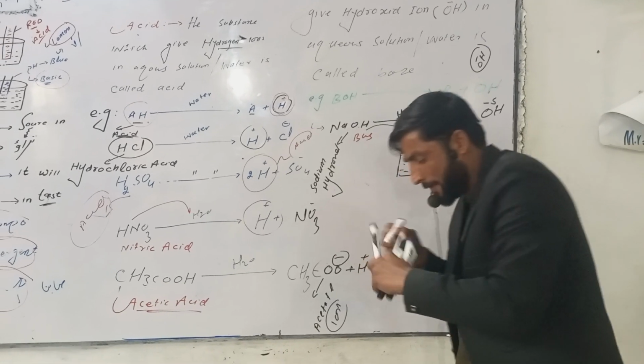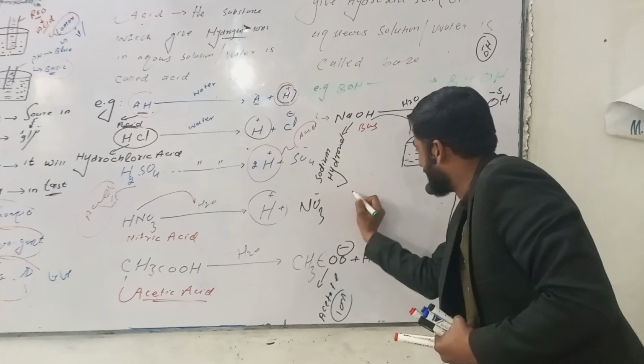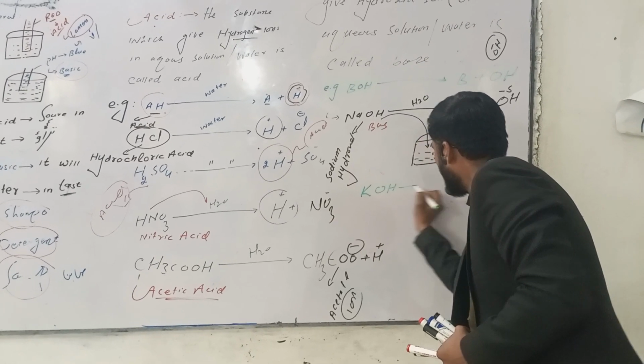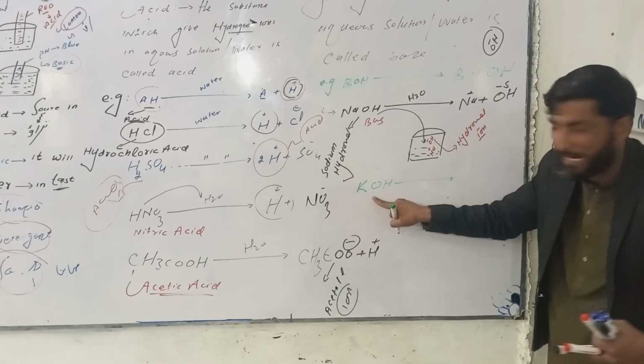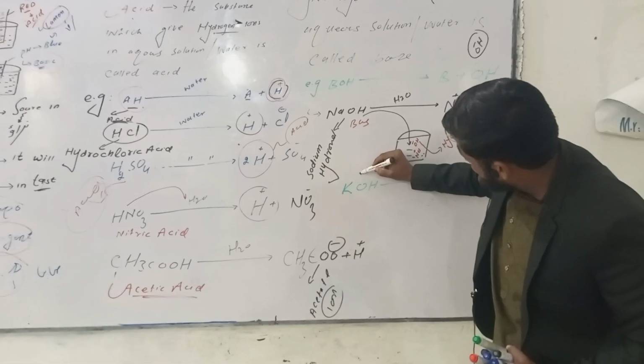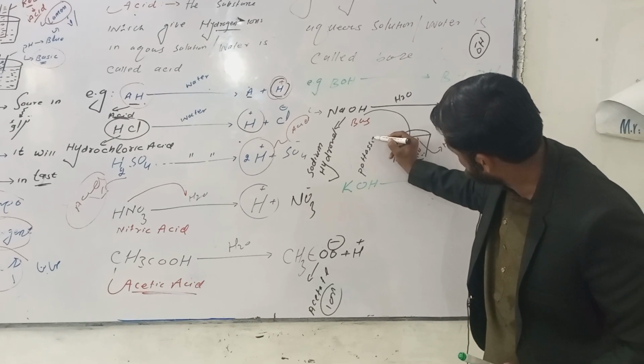The next example, the second example, this is KOH, meaning this is potassium hydroxide. Look here, look at potassium.